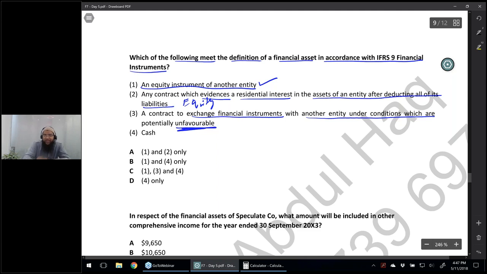Unfavorable means a financial liability, and if it had been favorable, it would have become a financial asset. So right now, this is unfavorable, which means a financial liability, and cash is a financial asset. So your answer is going to be 1 and 4 only, which is B. Your answer is going to be B in this case.